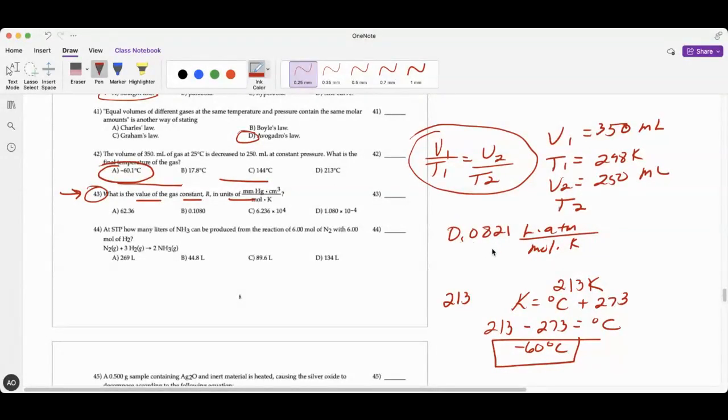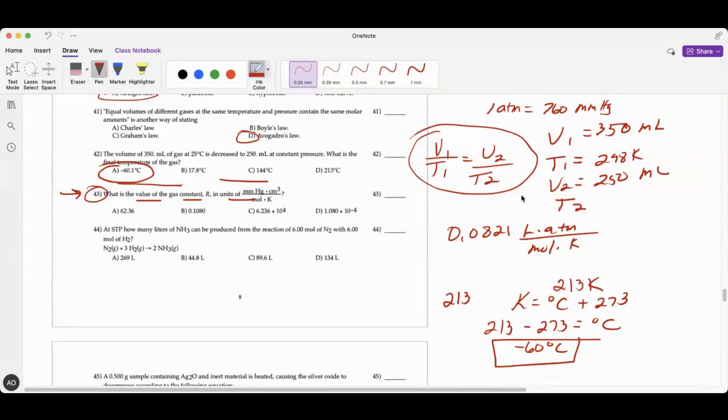Okay, so would it be 760? Oh, yeah, because 1 atmosphere is equal to 760 millimeters of mercury, right?